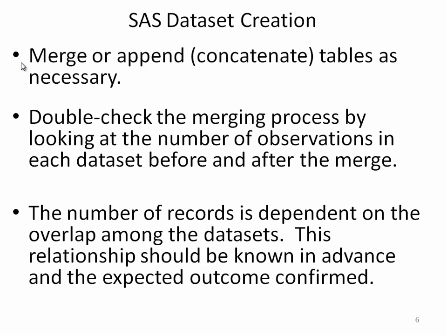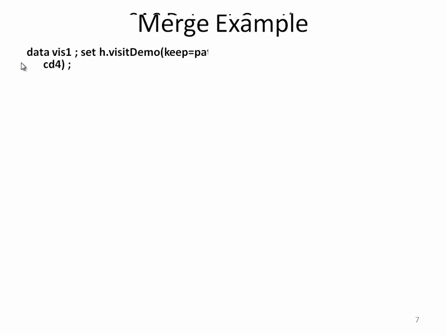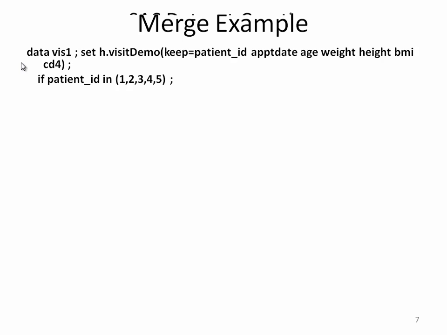So let's take a look at an example here. Okay, so this is actually your demonstration. I want to keep the ID, the visit date, age, weight, height, BMI, and CD4 from this longitudinal data set.